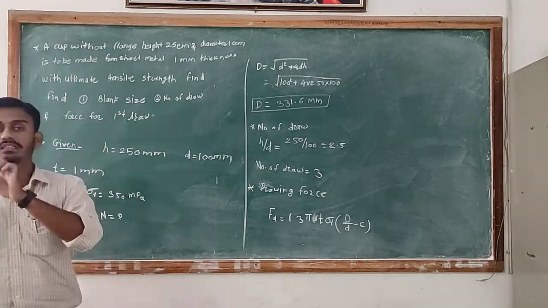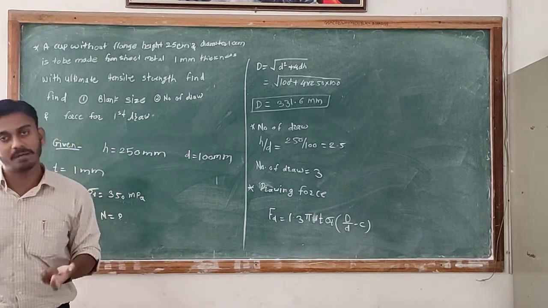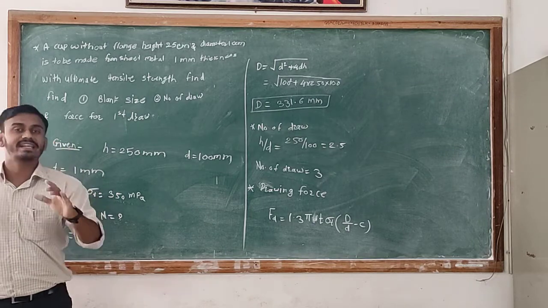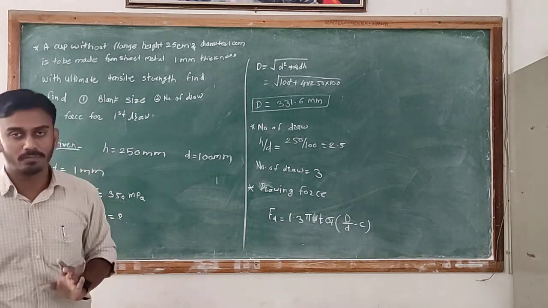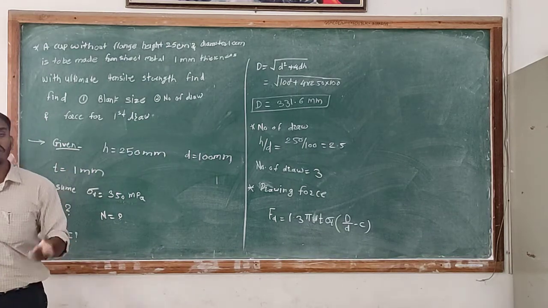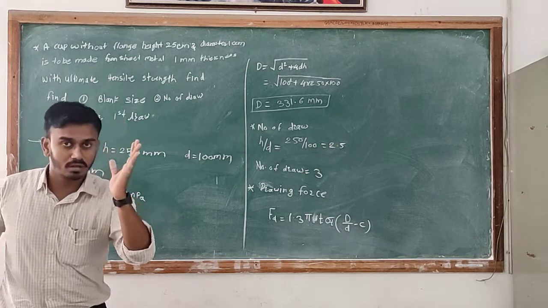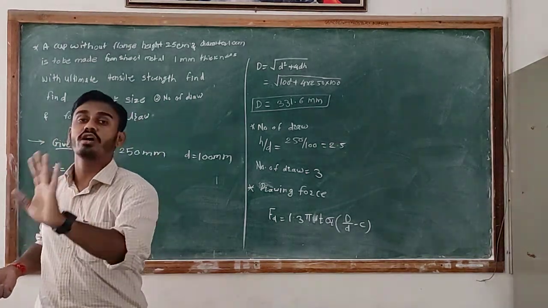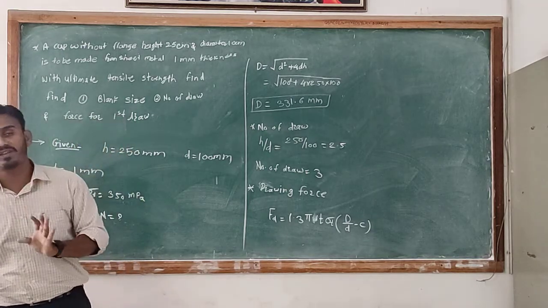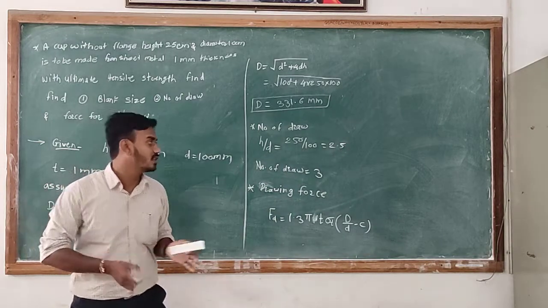If the number of draws is 2, then for the first draw the percentage reduction is 40%, and for the second draw it is 25%. If the number of draws is 3, then the percentage reduction for the first draw is 40%, for the second draw 25%, and for the third draw 15%. So here the number of draws is 3.